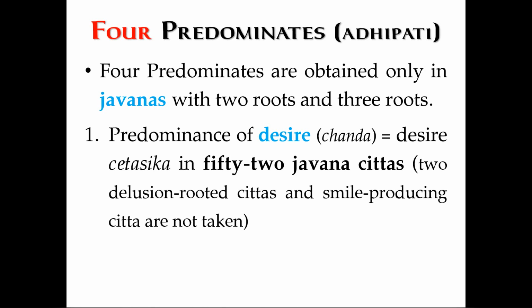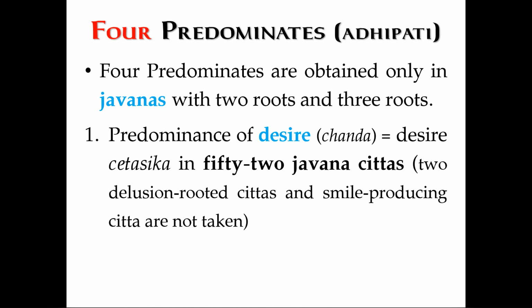So these are called javana. Among the mind process, the strongest point is the javana. Even registration, retention, is not very strong. Bhavanga is very weak. So the strongest point in the mind process is the javana, right? Javana. But here, desire is not normal desire.